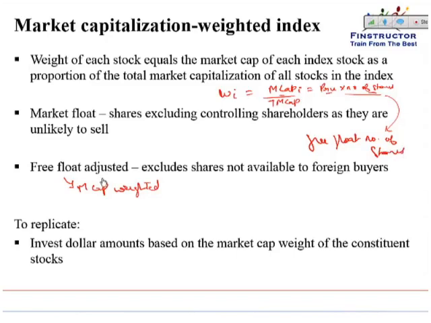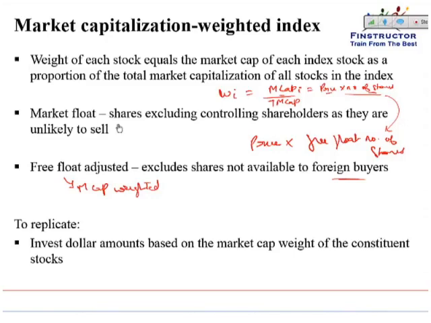So the free float market cap will again be the price multiplied by the free float number of shares, that is, shares that are available for sale and purchase. It excludes shares that are not available to foreign buyers.